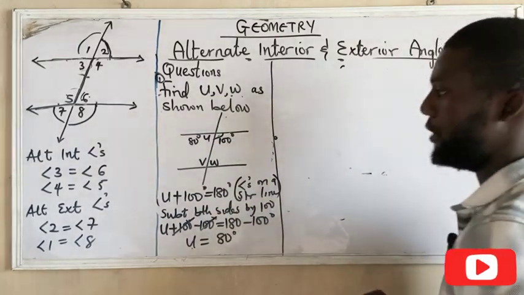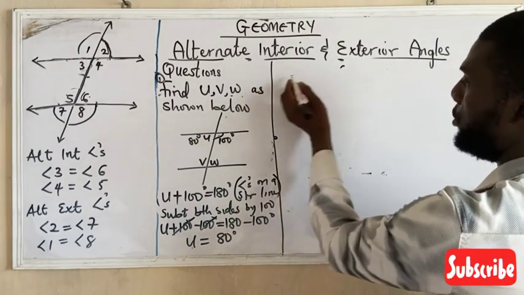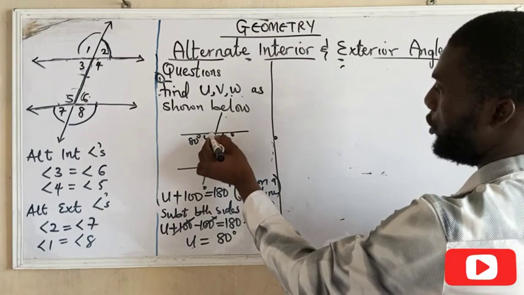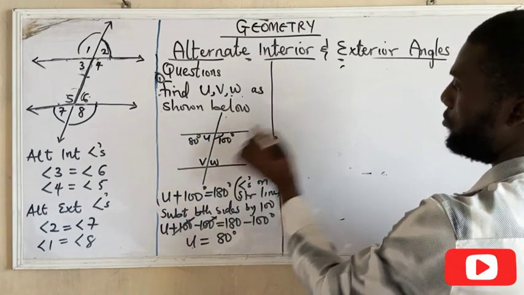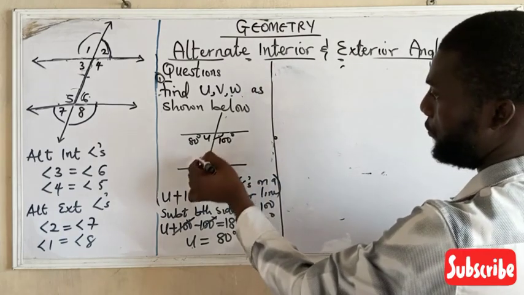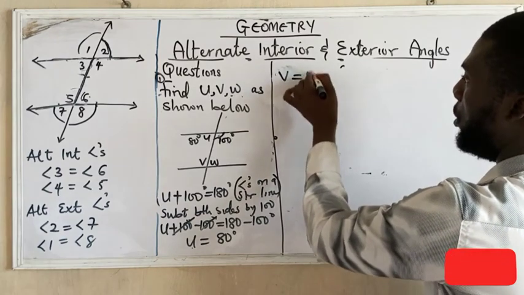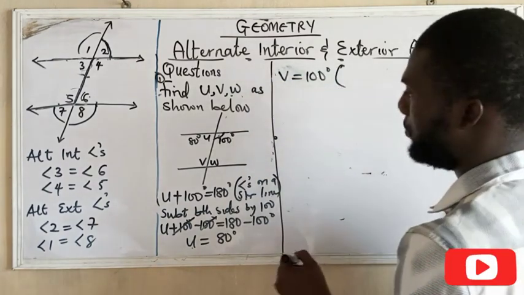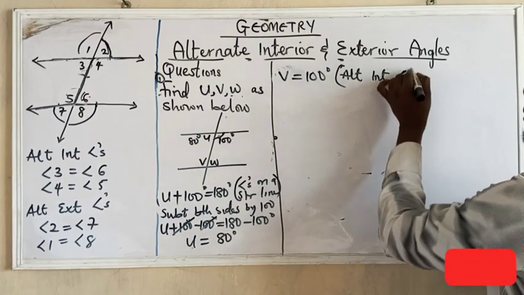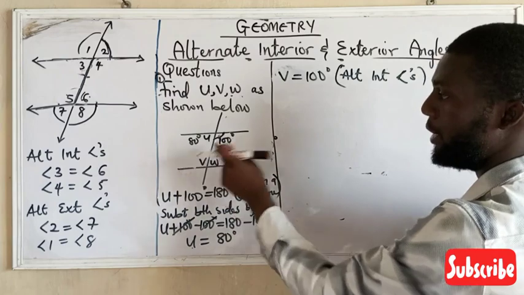Now that my U is 80 degrees, how do I find my V and my W? Let's start from V. Since my 100 is here, I know that my V is also 100 degrees. Reason: alternate interior angles. Let's not forget that it is inside, so my V can also be located inside.